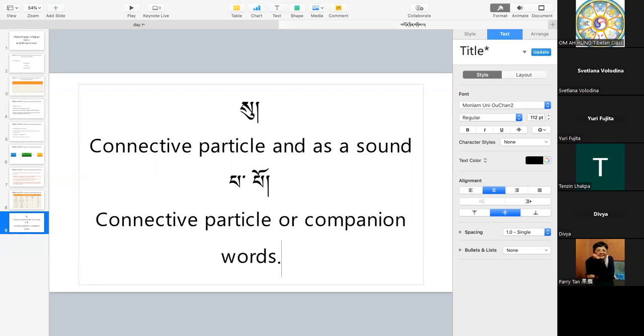And the companion word is not the particle, and the particle is not the companion word, but they may have a similar sound. This is what we must understand, that just because it has the same sound doesn't mean that it is the case. So you may come across some of these particles which are used as a name.